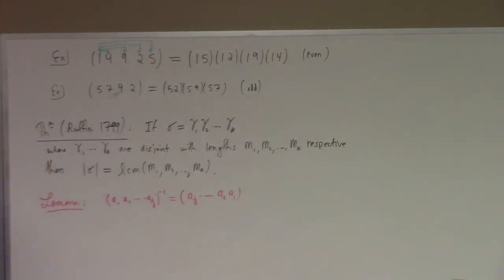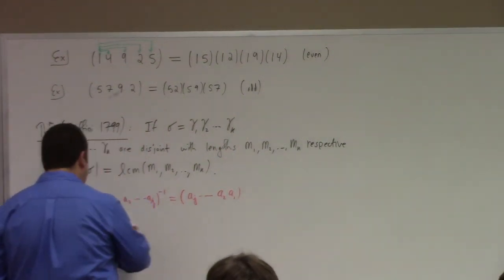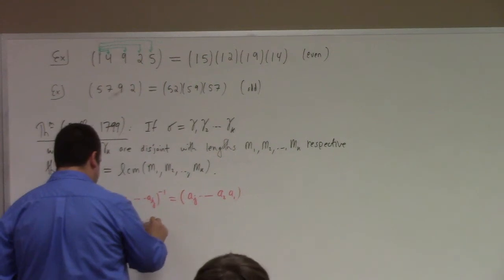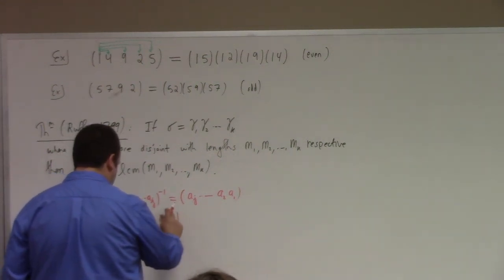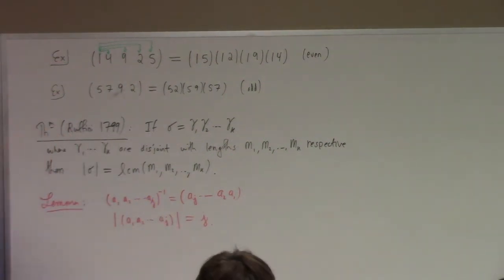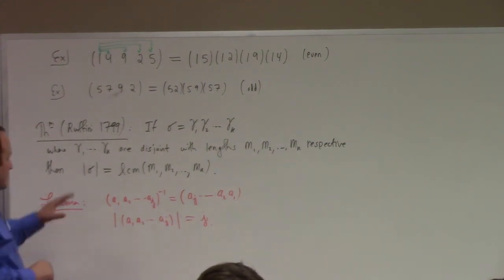It's true for a 2 cycle, it's also true for a k cycle, or in this case, a j cycle. And also, the order of a j cycle is j. If we were smarter, we could have used these last time to simplify our calculations in S3 a little bit. Anyway, these are true. I invite you to prove them. You could prove them without too much trouble, but I'm going to focus here on Ruffini.